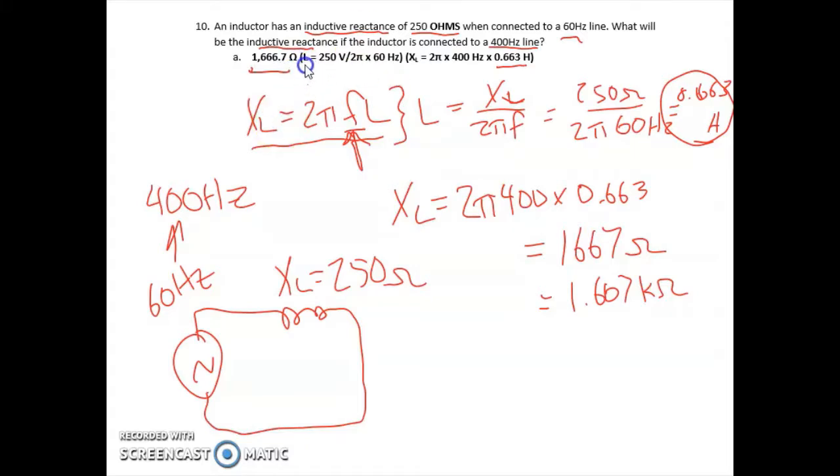This, by the way, is wrong. Right here, this should be X of L, and this should be ohms.